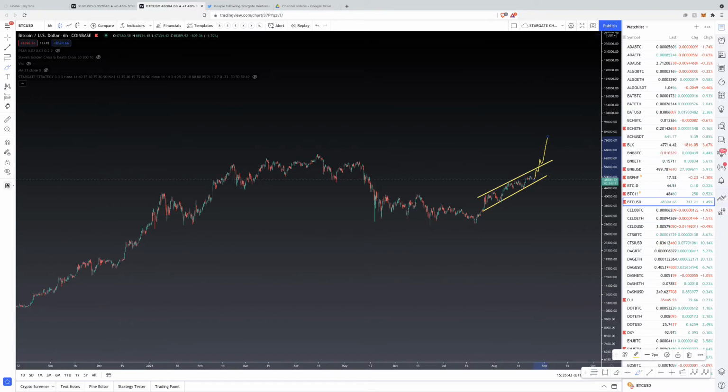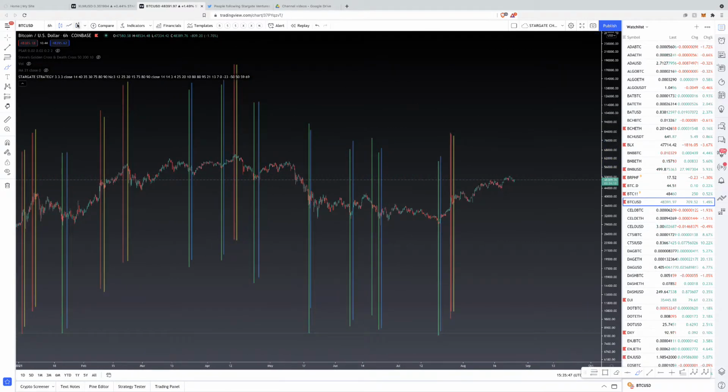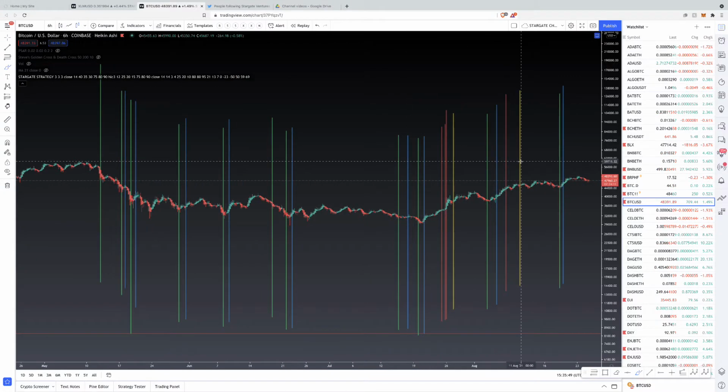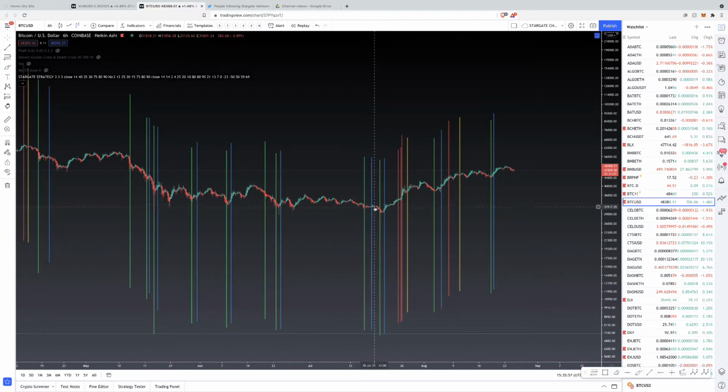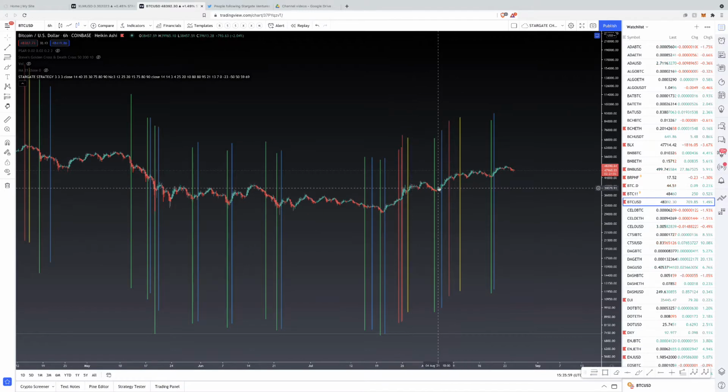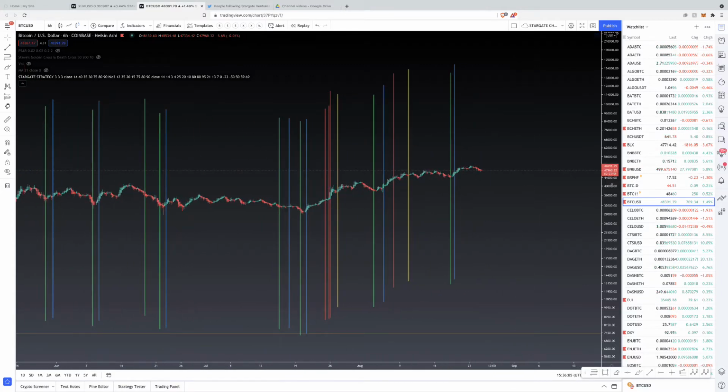Now if we throw on the indicator, I'm going to do the Heikin-Ashi candles. So on the 6 hour time frame, we had a buy signal come in, then a sell signal, buy signal, sell signal, we had a buy signal, and then we didn't have a sell signal coming yet, and no buy signals flashing.